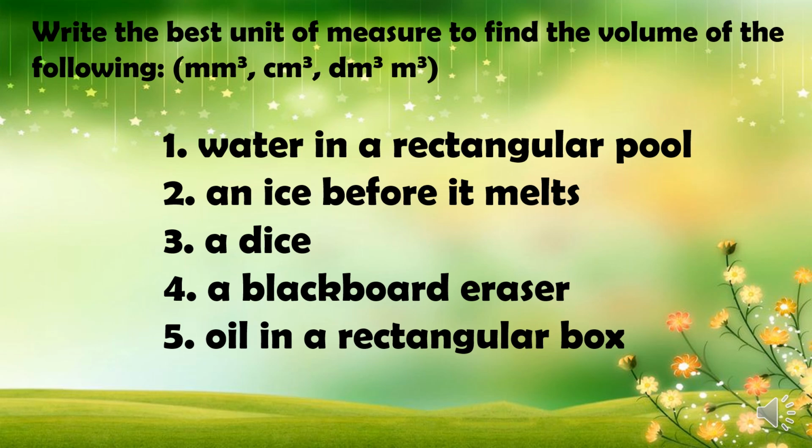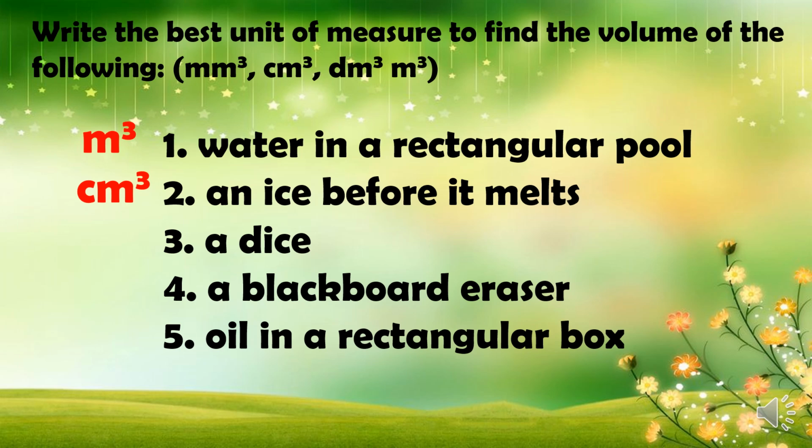For number 1, what unit of measure are we going to use to find the volume of water in a rectangular pool? We will be using cubic meter, because the rectangular pool is big. So for bigger objects, we will be using cubic meter. And then an ice before it melts.